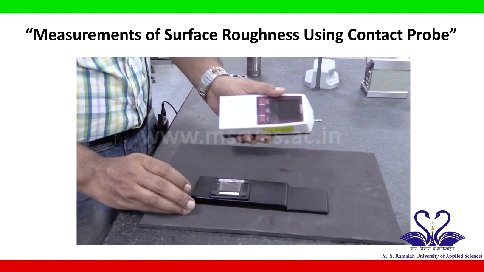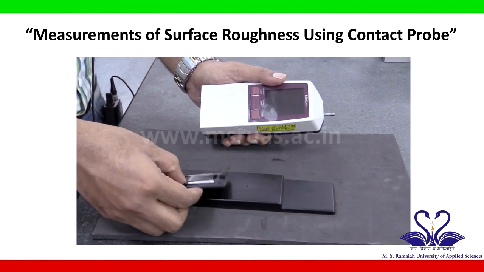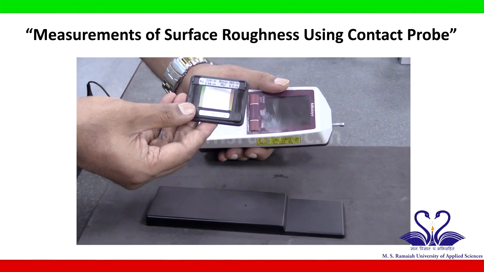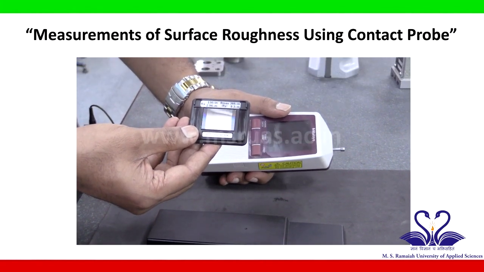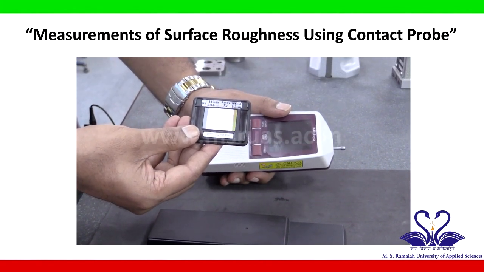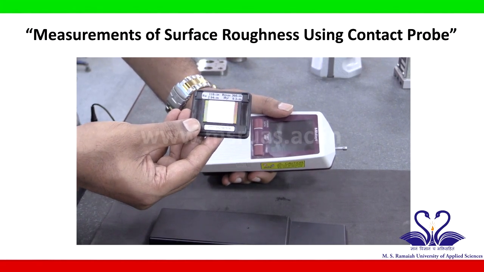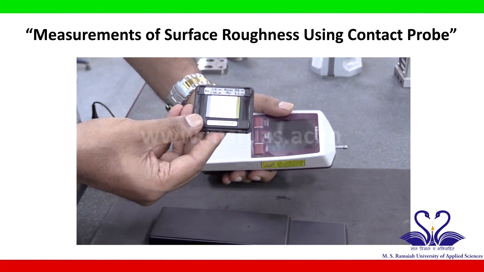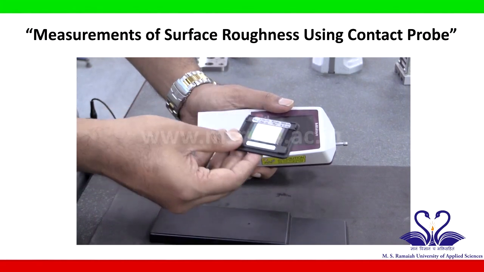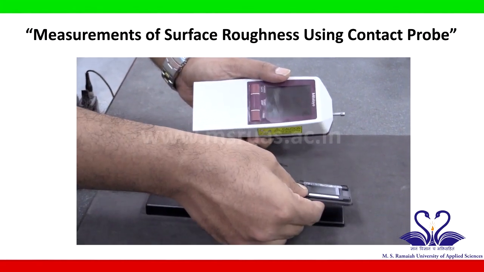This is the master specimen or the reference specimen for which we know the surface roughness value. The surface roughness value RA is 2.94 micrometer. So I am going to place it on the stand.